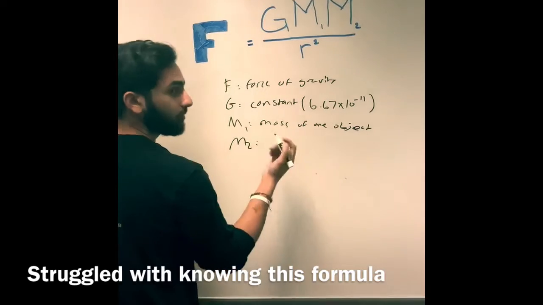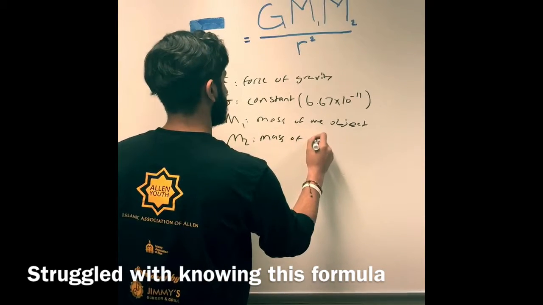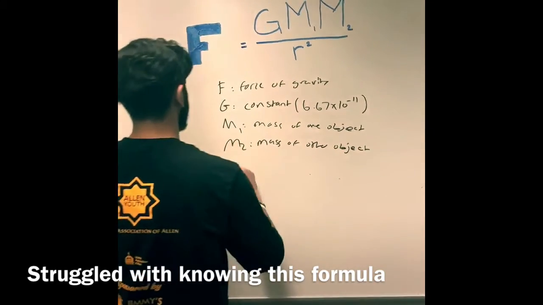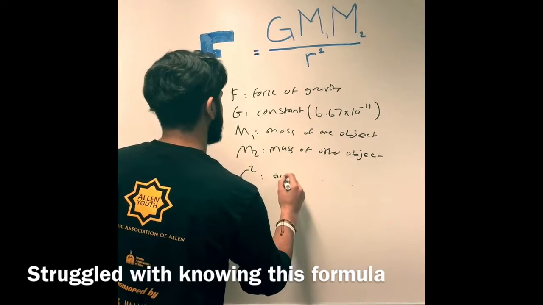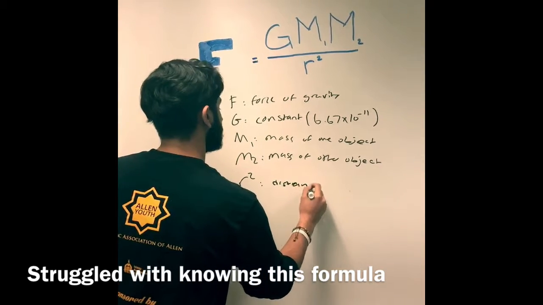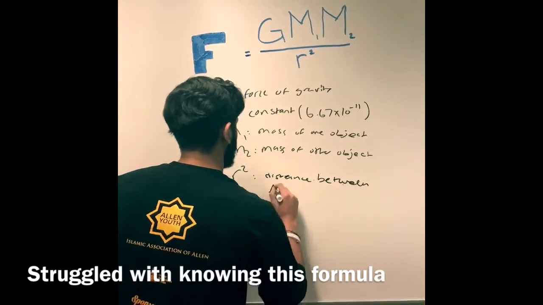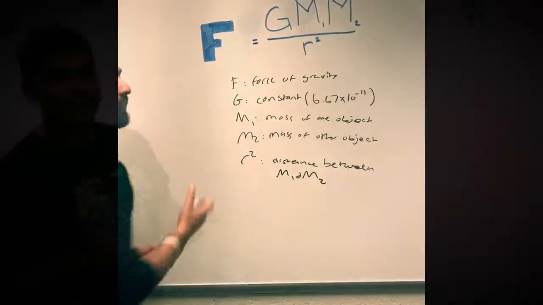M2 is the mass of the other object in the universe. And R squared, which we divide by, is the distance between M1 and M2. And that's the formula to find gravity.